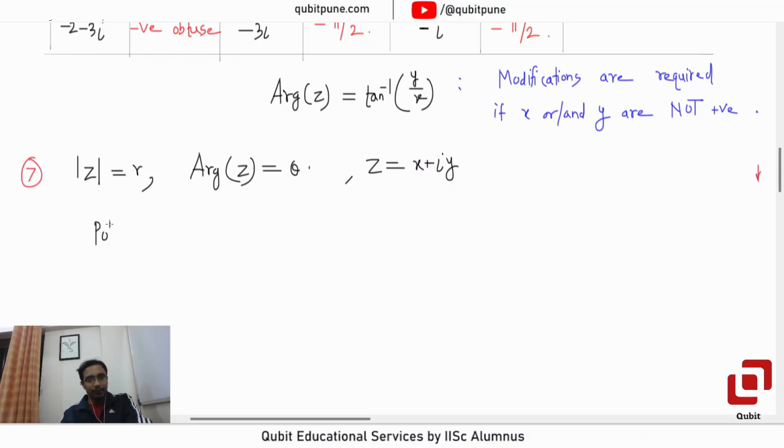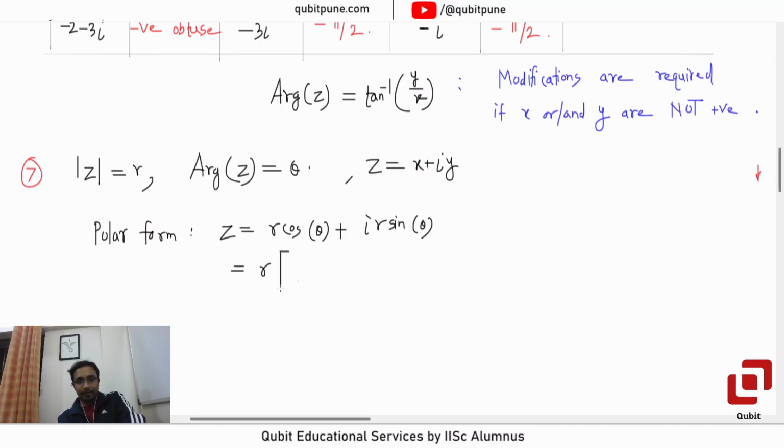In the polar form, we literally use the polar coordinates. So z is equal to r cos theta plus i r sin theta, that is r bracket cos theta plus i sin theta. Okay, so that's polar form.